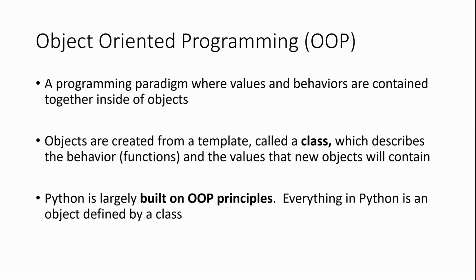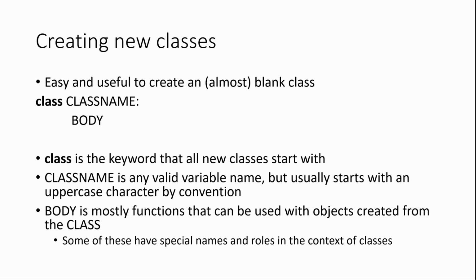To do that, we use the class statement. The class statement consists of a keyword, class, followed by the class name that you choose, and a colon. Then you have the indented class body, which will define all of the variables, that is the state, and all of the functions, that is the behavior, that are intended to be used with objects of that class.